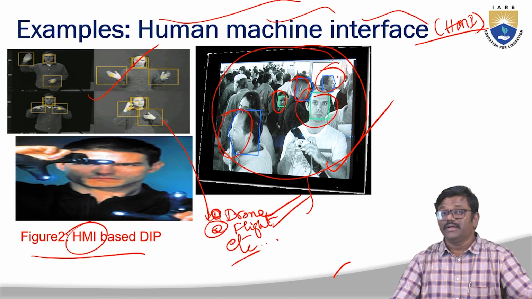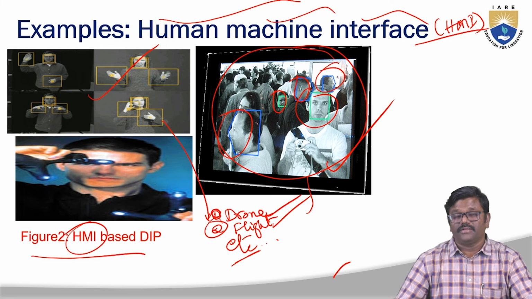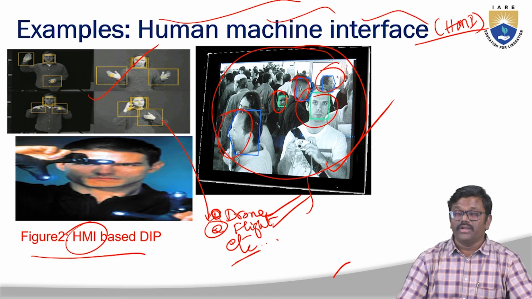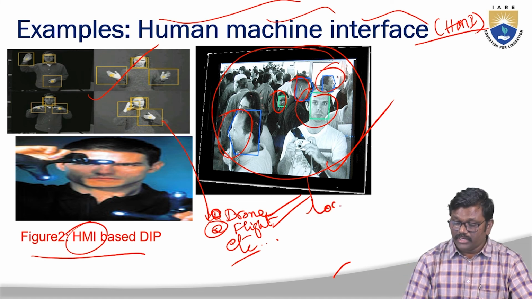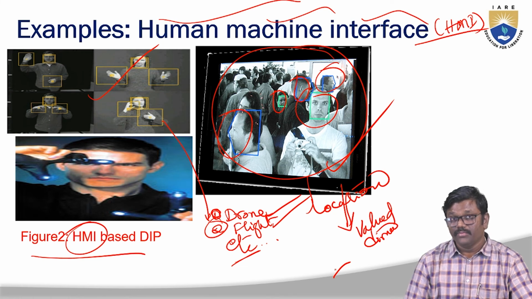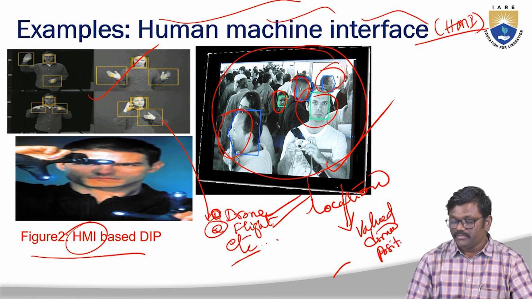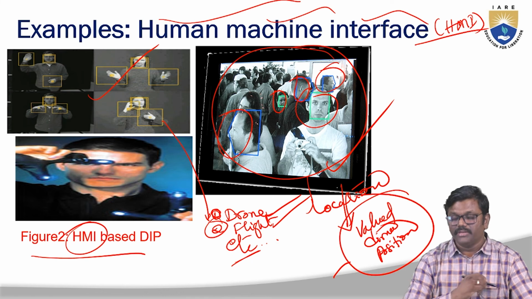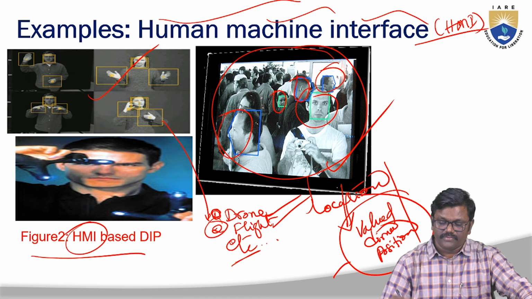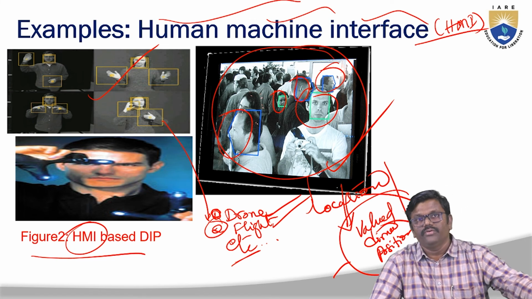But by sending a digital image processing based drone, it is easy to find out where he is located at a particular location, and also where he is standing, the dimensional position. We call it the position value, and we are going to find this out. So that is what we wanted to find.